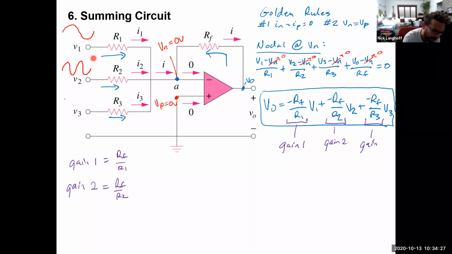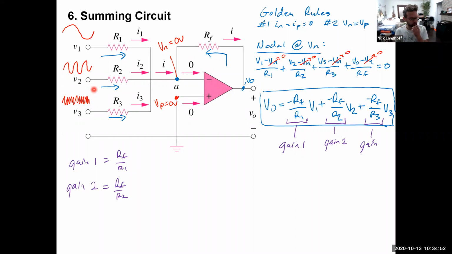And let's say we had a much higher frequency signal going into V3, something like that, really high. Okay, let's say that's what it looked like.